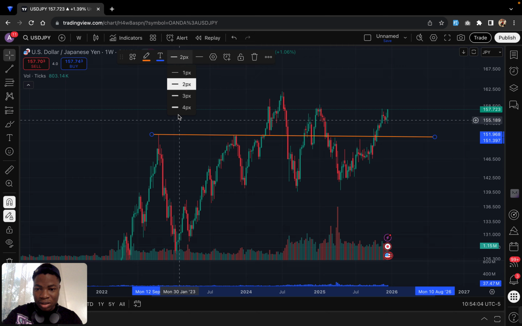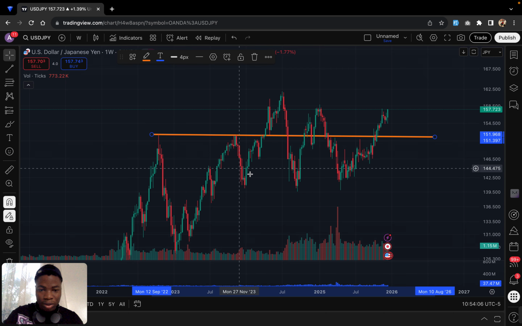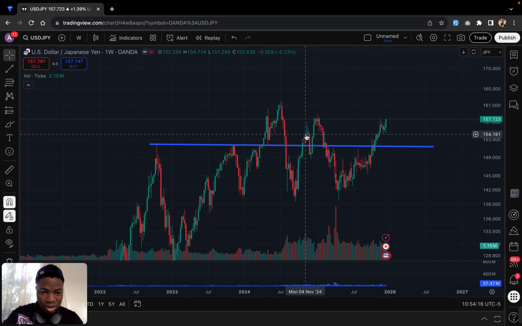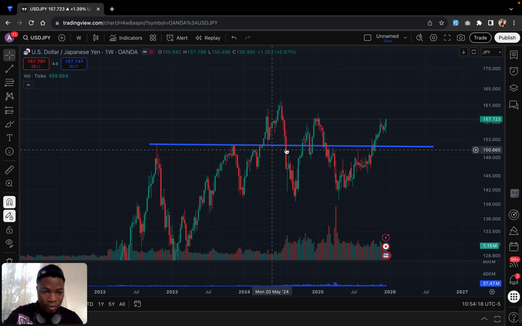Let me increase the size so you can see it properly. Usually I use the color blue for my support. So this is the support, but you can even move the support to this area, though this is a strong support on the weekly time frame.